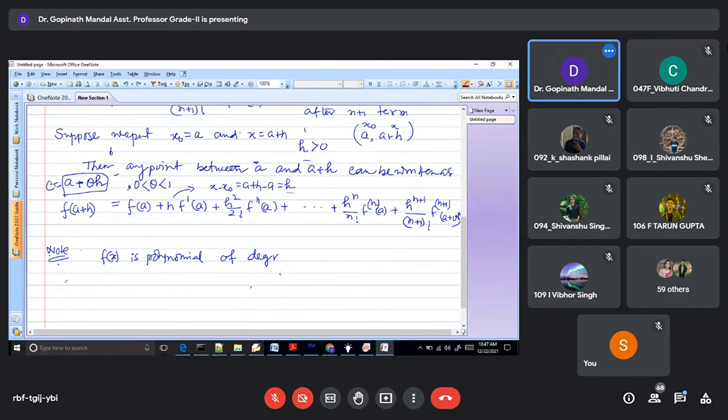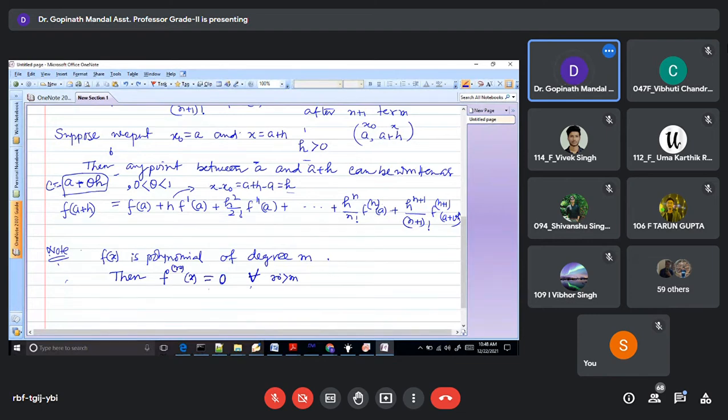Then the rth order derivative of f(x) equals what when r is greater than m? It will be 0, for all r greater than m.